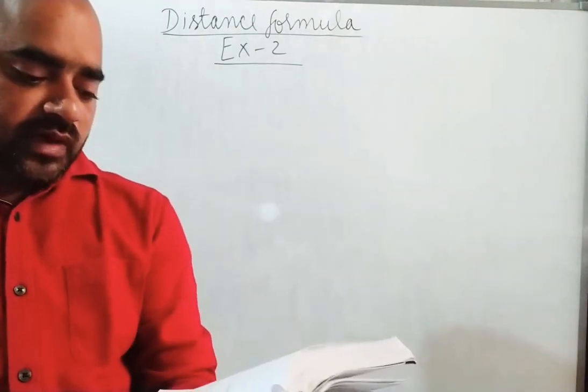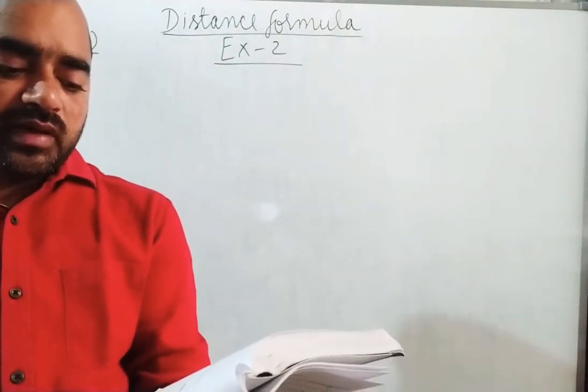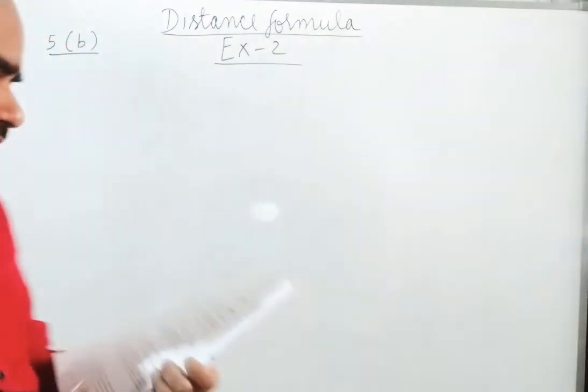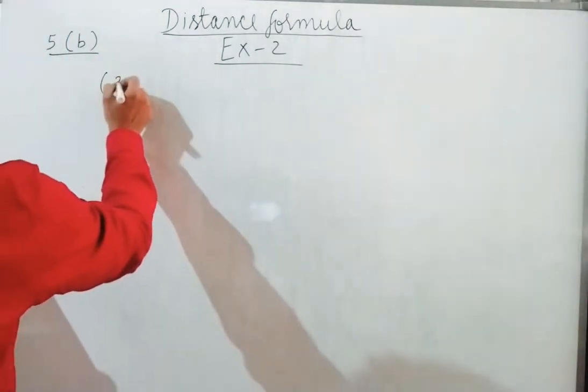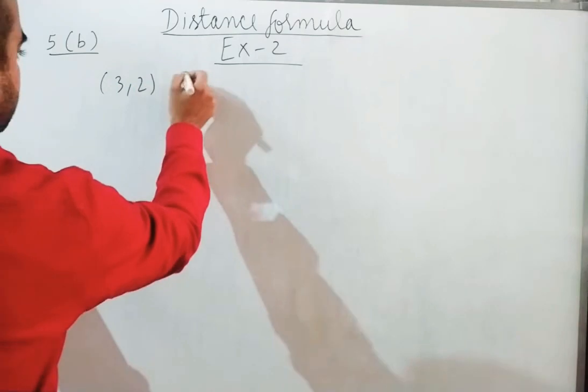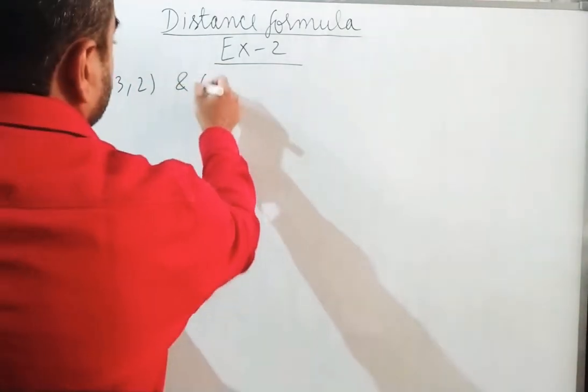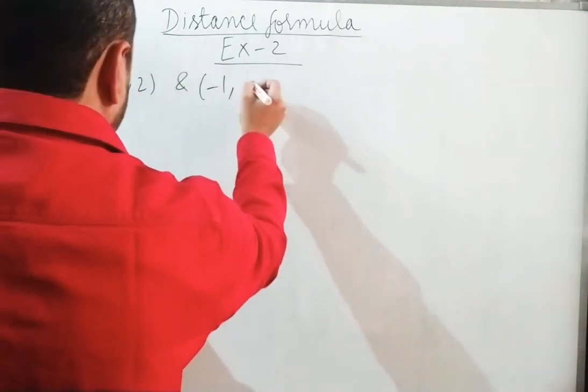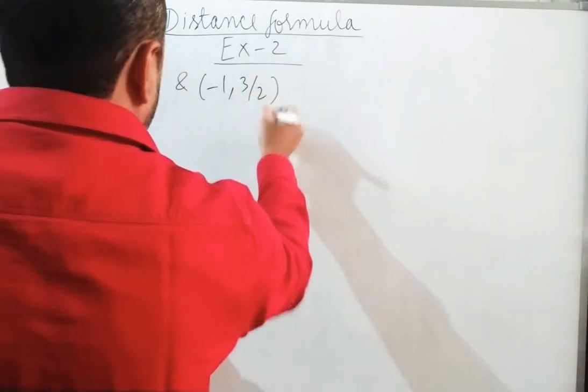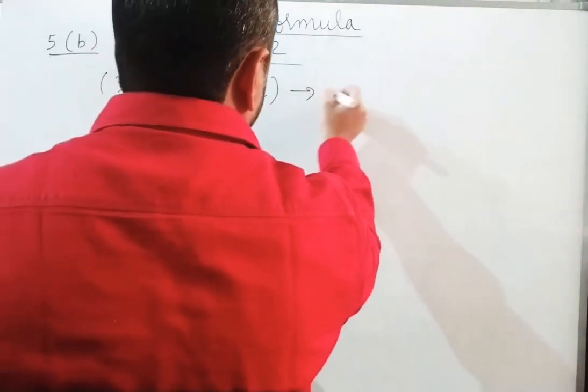Now question number 5, B part. Find the points on the y-axis whose distances from the point (3, 2) and point (minus 1, 3 by 2) are in the ratio 2:1.